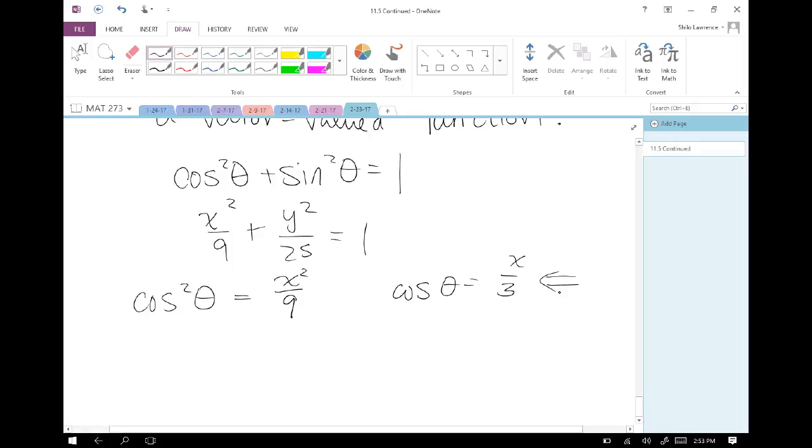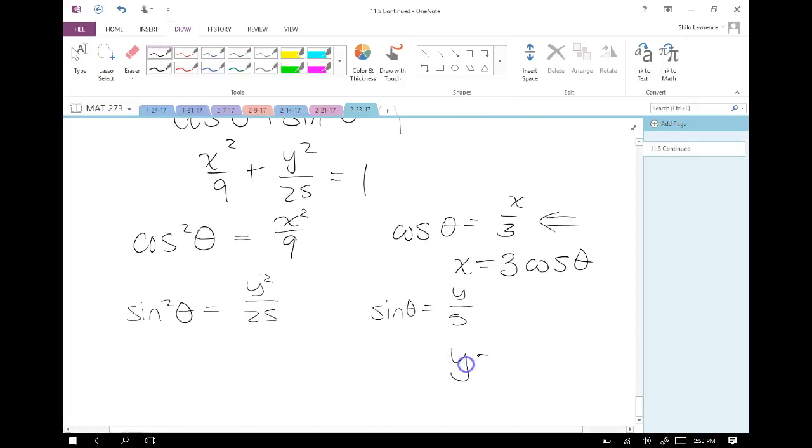We want to know what x equals, so we multiply by 3. x equals 3 cosine theta. And then sine squared, we just skip it and say y equals 5 sine theta.